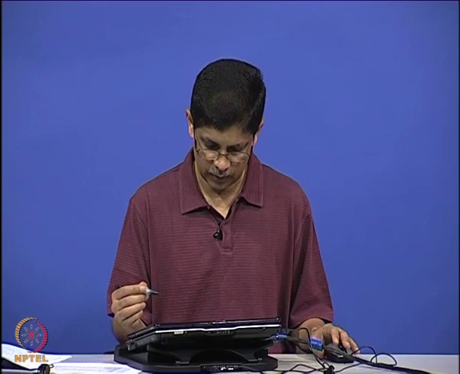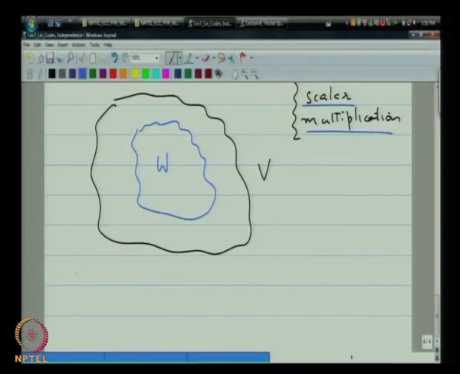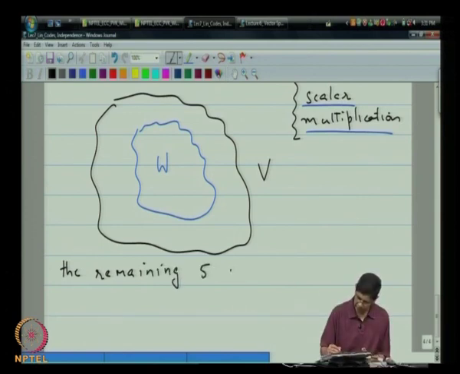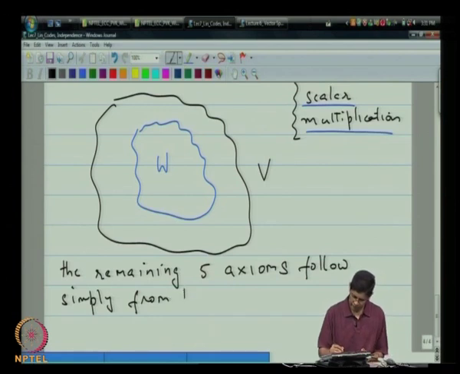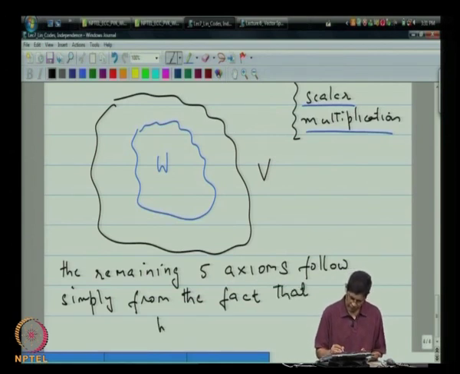Okay. So, I will just make a quick note here. The remaining five axioms follow simply from the fact that W is a subset of V. Okay.